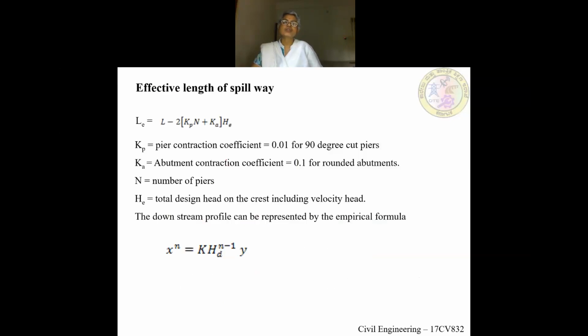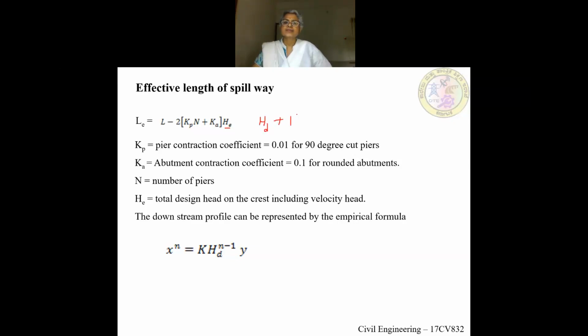So now how to calculate the effective length of the spillway? Effective length of the spillway L is equal to 2 into Kp into N plus Ka into HE. HE is the total design head, or the total depth of water above the crest, which includes HD, the design head, plus HA.